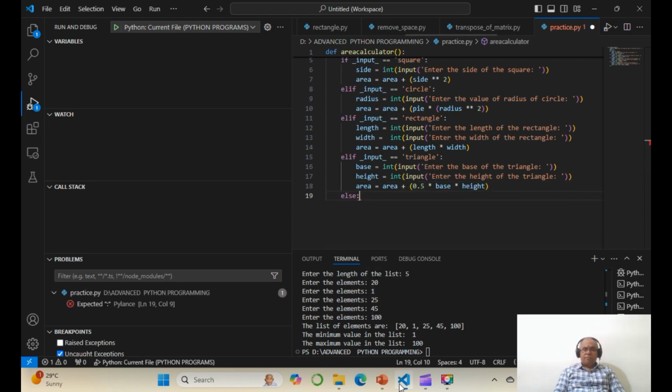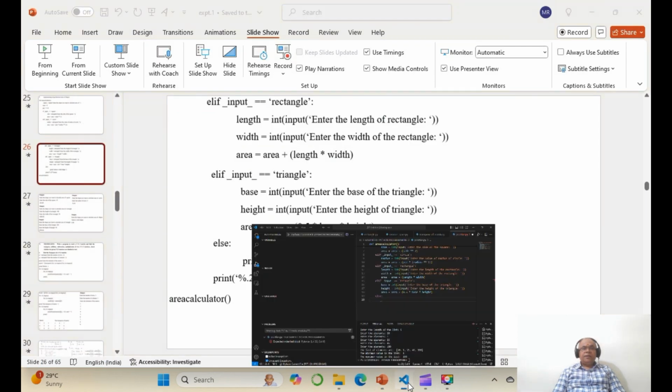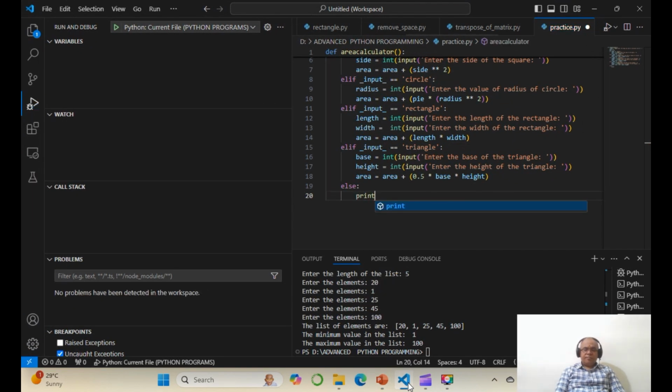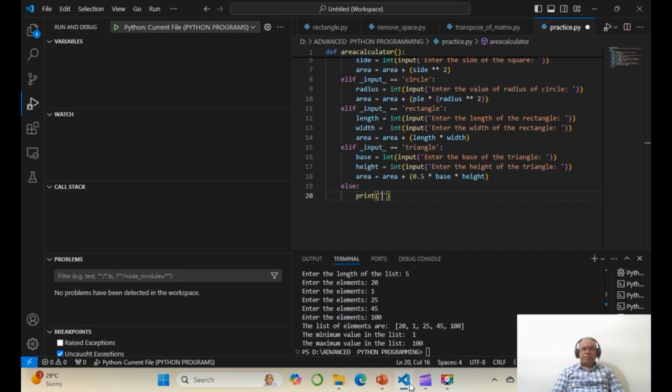Then else, print, select a valid shape. Okay.